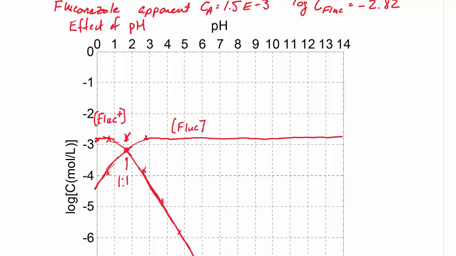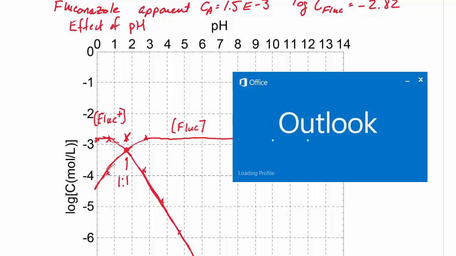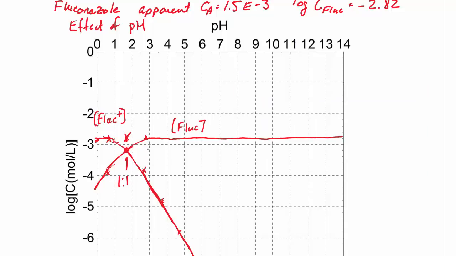We go 1 pH unit away, and over here we have basically a 9-to-1 ratio. We go 2 pH units away, and we have a 99-to-1 ratio at this point. Hope that's helpful. Thanks.